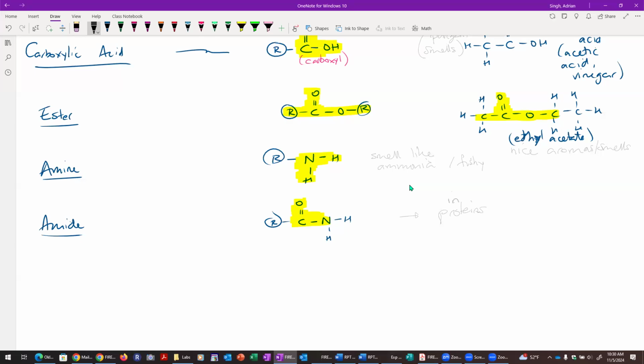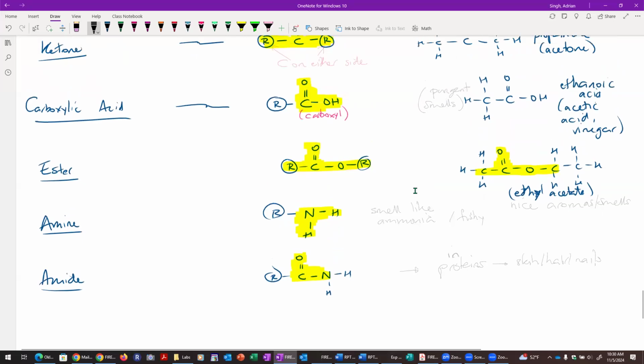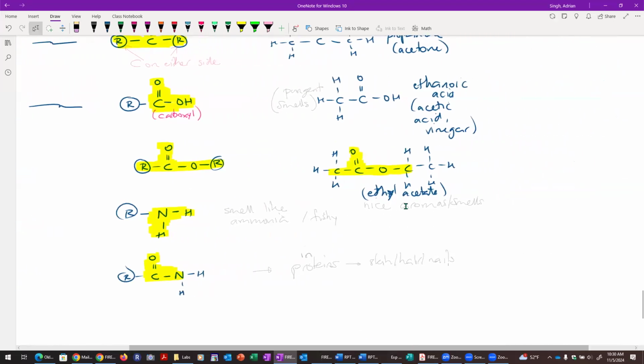You also find them in other places as well. Proteins, you find those in your skin, hair, nails, for example. Let me back up a second here. We looked at an example of an ester like ethyl acetate. You don't have to worry about the name, by the way. That's just the name of it. It's a fairly small one, but you also find esters in things like polyesters.